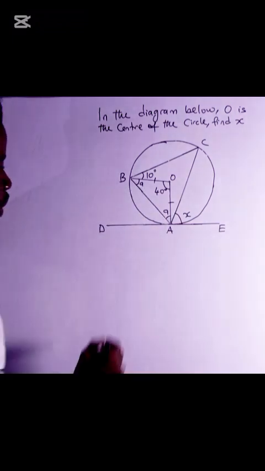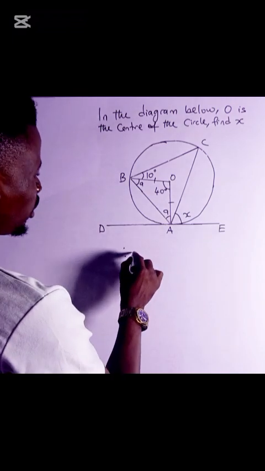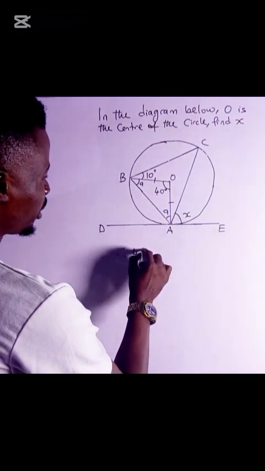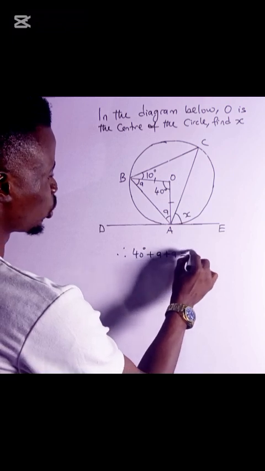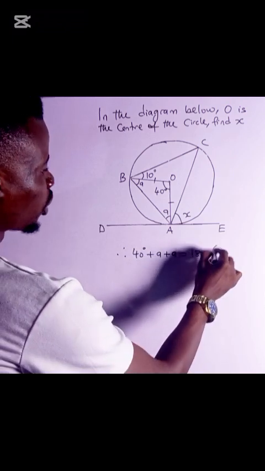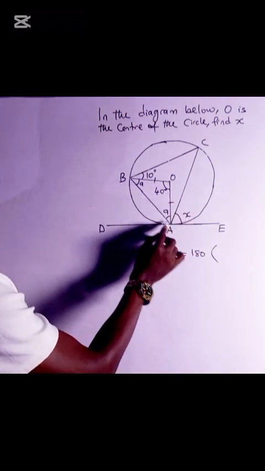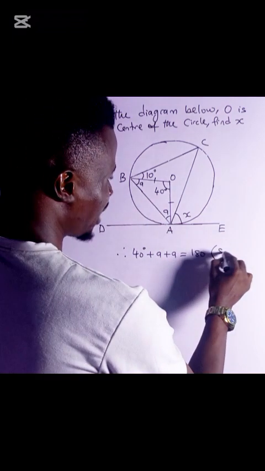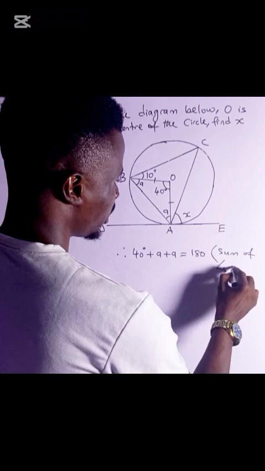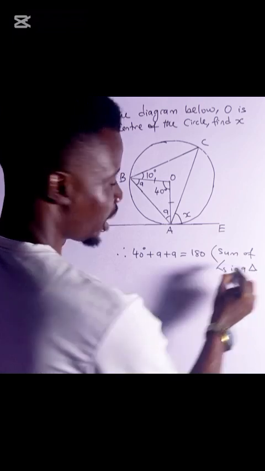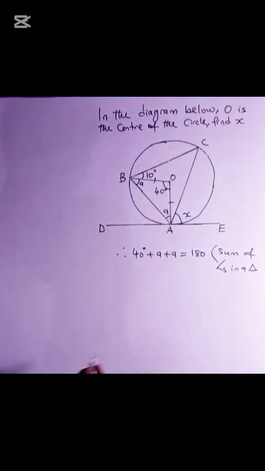Is that okay? So therefore, 40 degrees plus 2A is equal to 180. Now what's my reason? I am summing the angles in a triangle. So I write sum of angles in a triangle. That's how it's going to be.